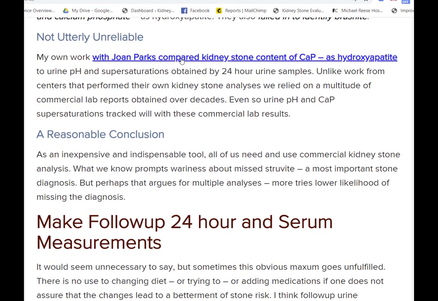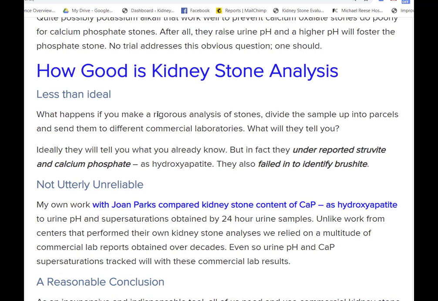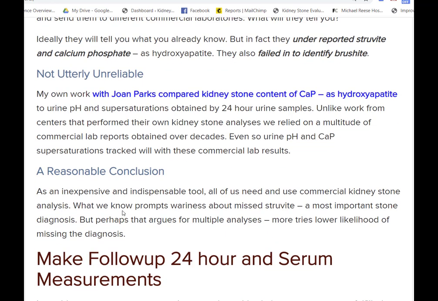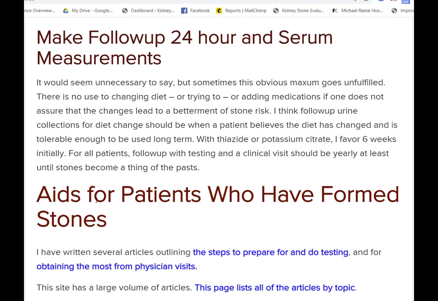My own work with Joan Parks, on the other hand, suggests that overall they're pretty serviceable. Make your own decisions about quality, read the papers, but as far as I'm concerned, get your stones analyzed. Don't let your doctors throw them out. Always analyze them, just in case.